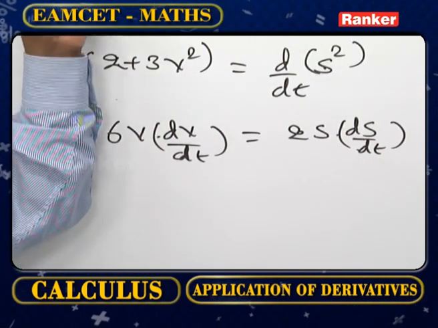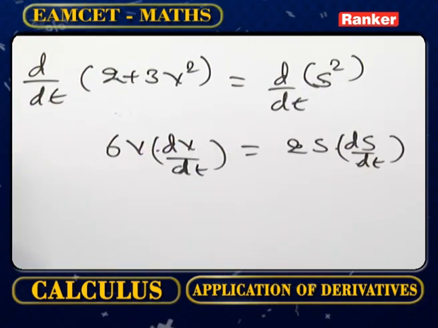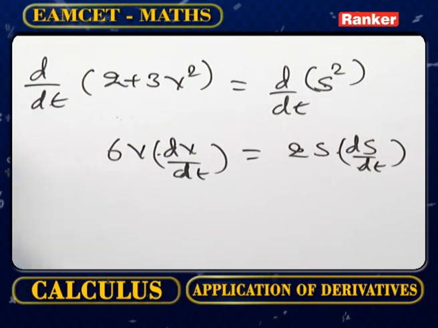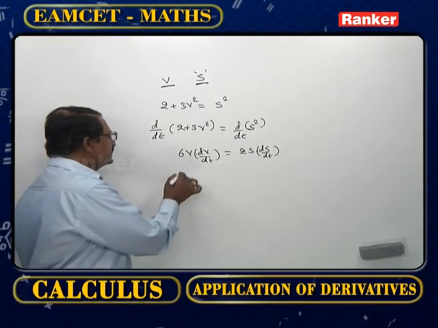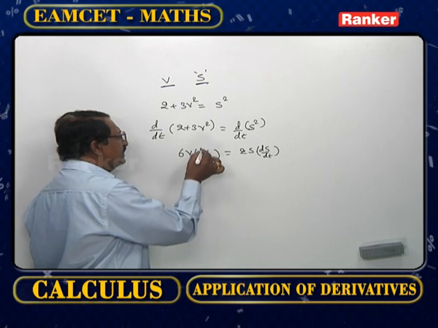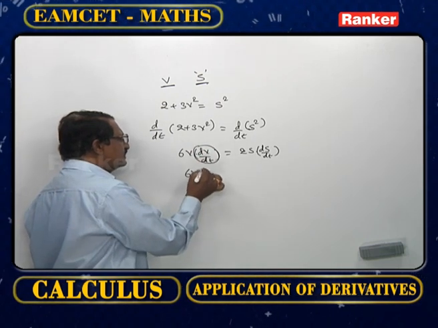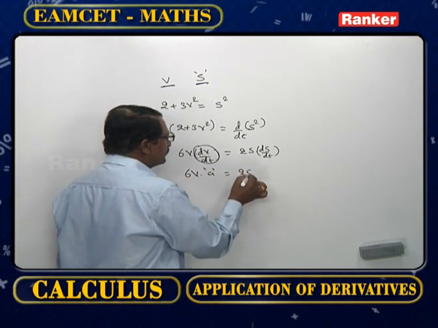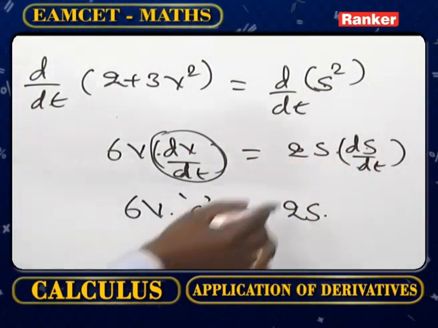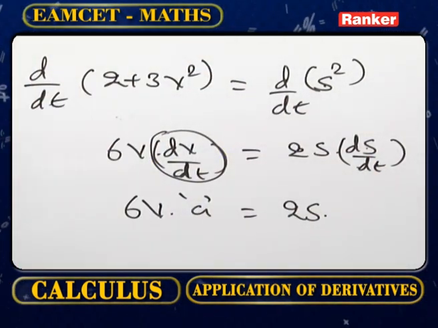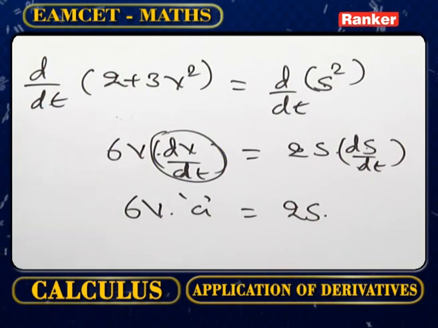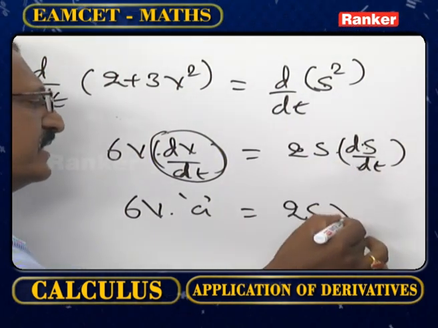Here v is the velocity, so the rate of change in velocity, dv by dt, equals acceleration. The rate of change in displacement, ds by dt, equals v.